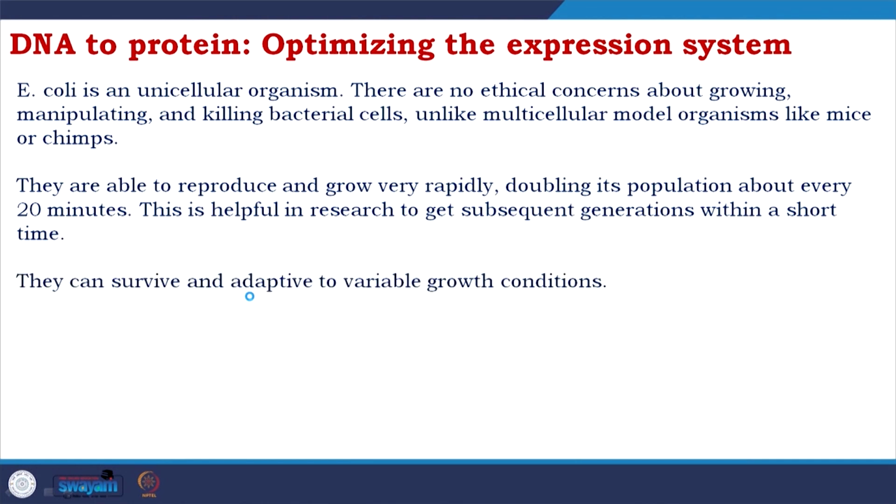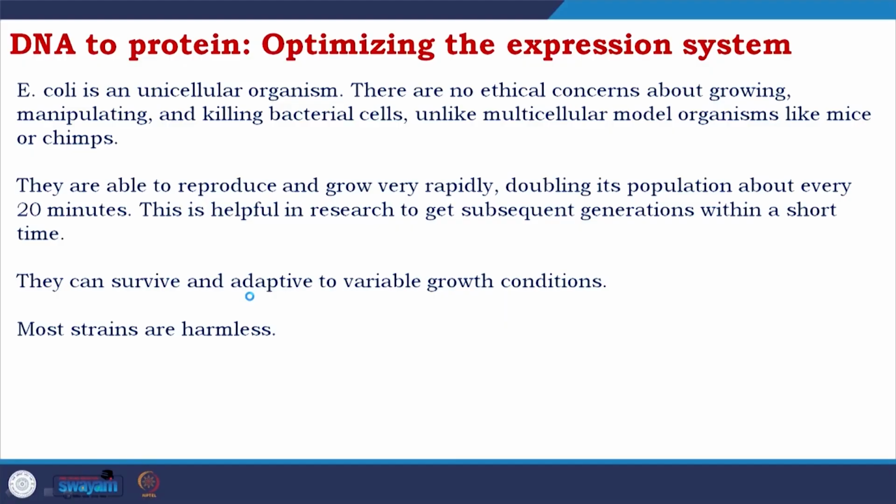They can survive and adapt to variable growth conditions. So, as bacteria they are adaptive, but on the other hand we know what conditions are good for them. So, they are well known. Most of their strains, E. coli, I say Escherichia as the genus and coli as the species. So, I say about them, but the strain could be different.